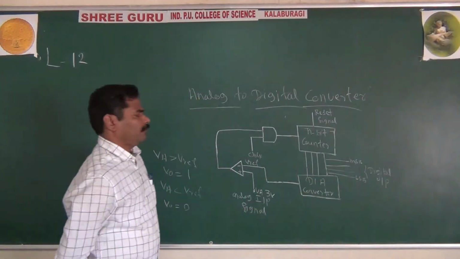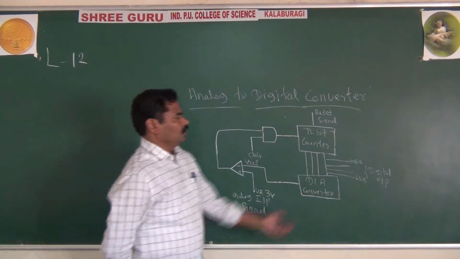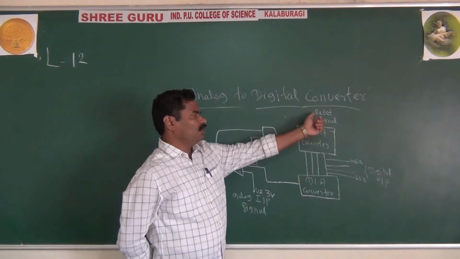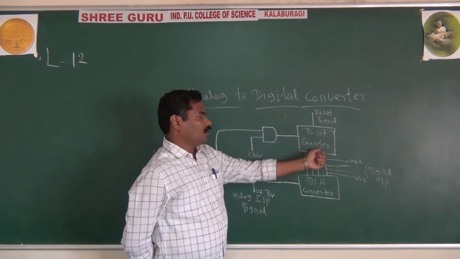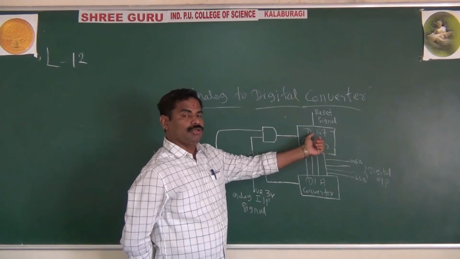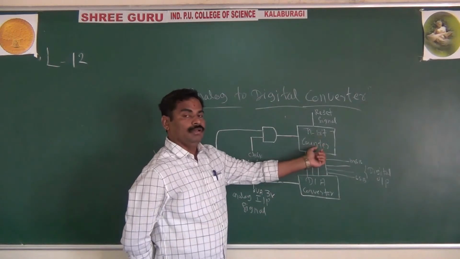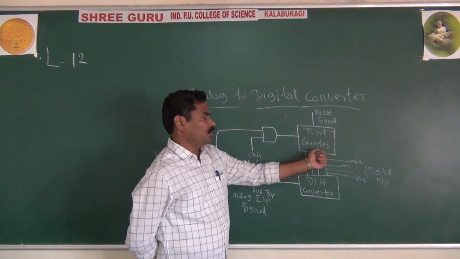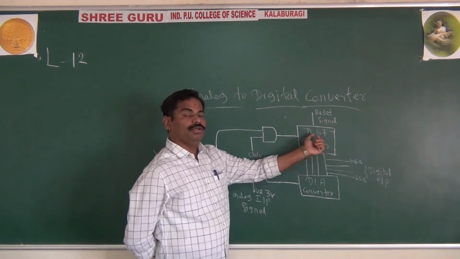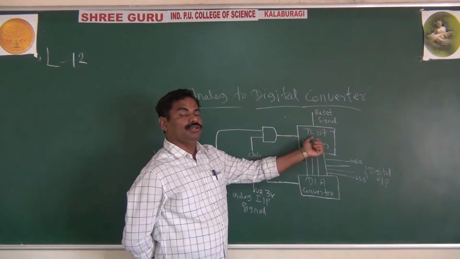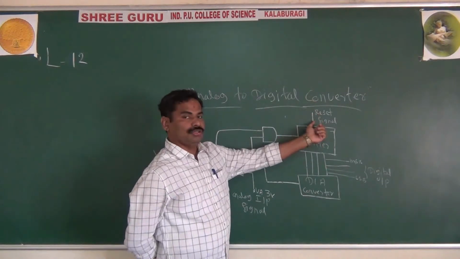Initially, you are applying a reset signal, or a clear signal, to make the counter 0. Initially the counter is not counting any pulses. Initially the counter is 0. To make the counter clear, to make it 0, you are applying the reset signal.